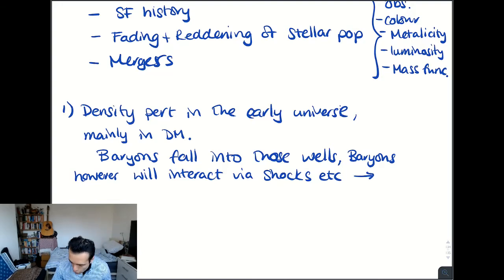And so what this produces is that you get at the end baryon dominated centers to these gravitational potential wells.